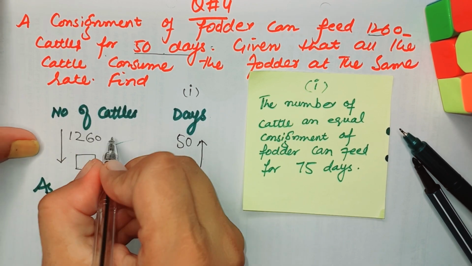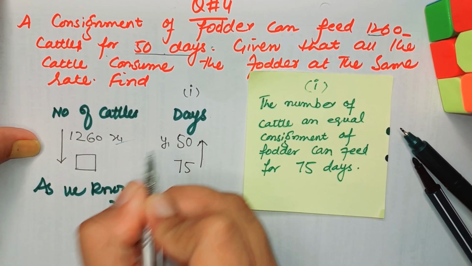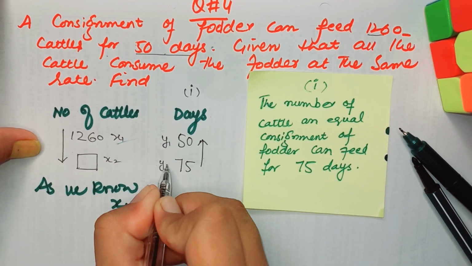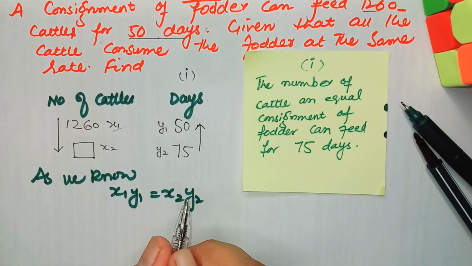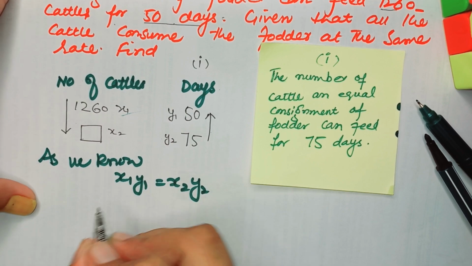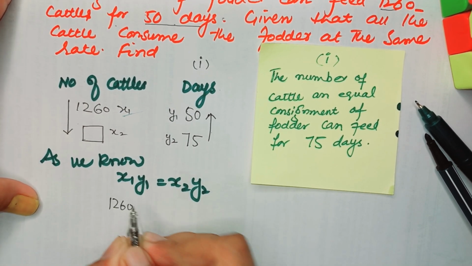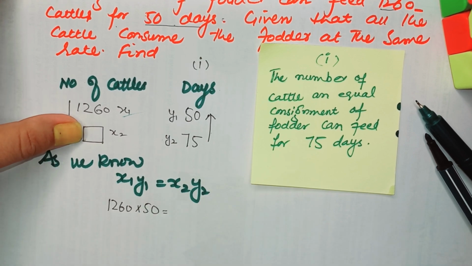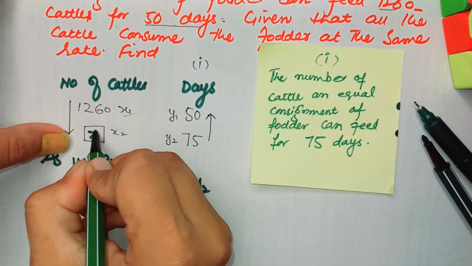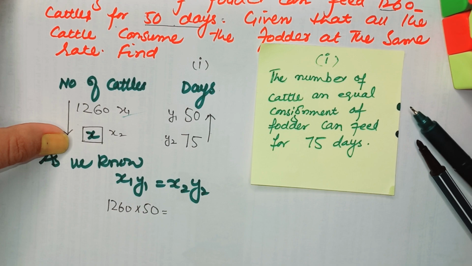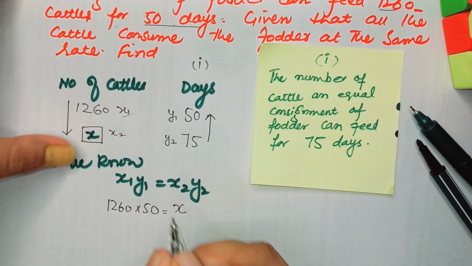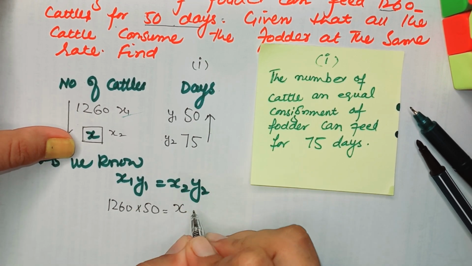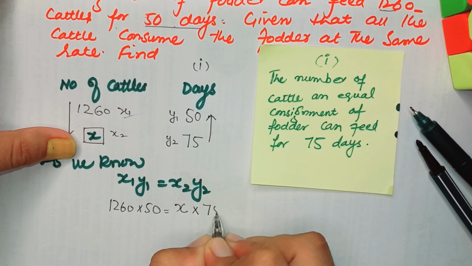Now dear students, this is x1, this is y1, this is x2, this is y2. So we have 1260 and y1 हमारे पास है 50. Then x2, let's suppose it x, which we have to find, the cattle, and then we have 75 days.